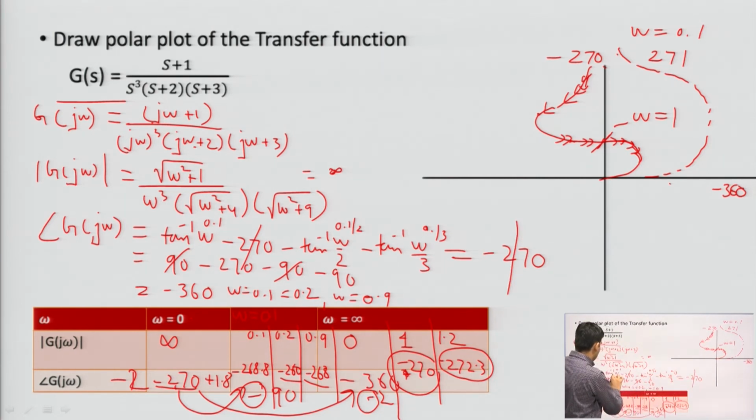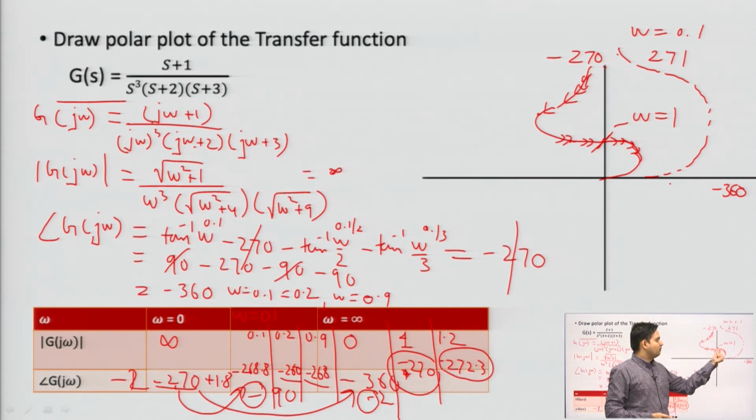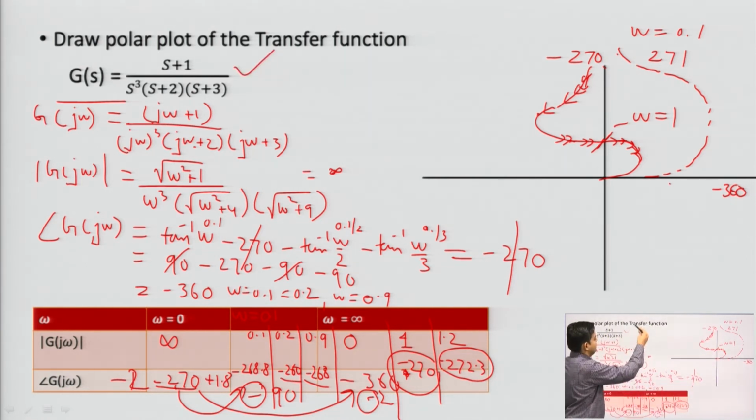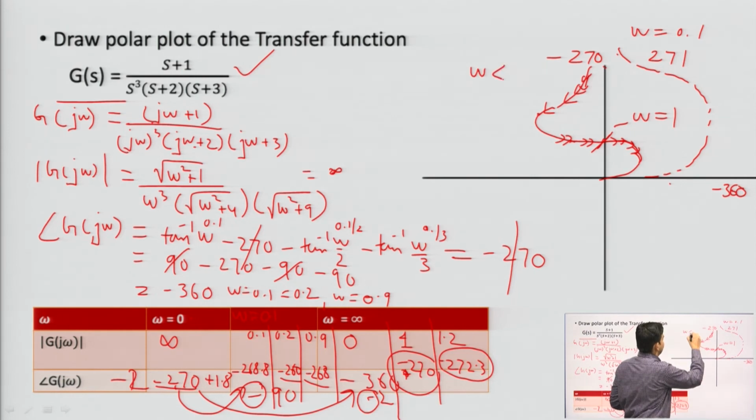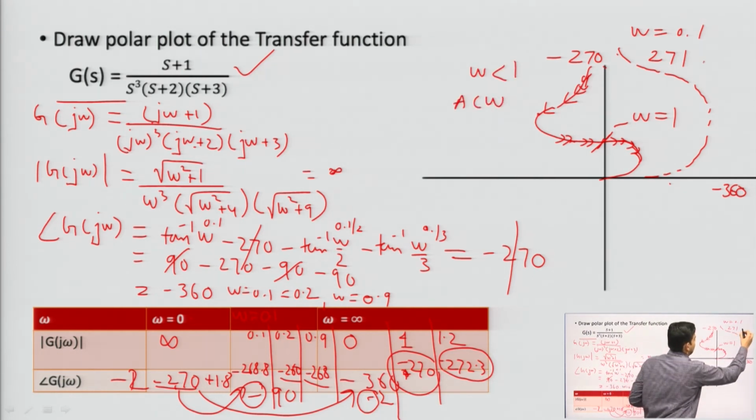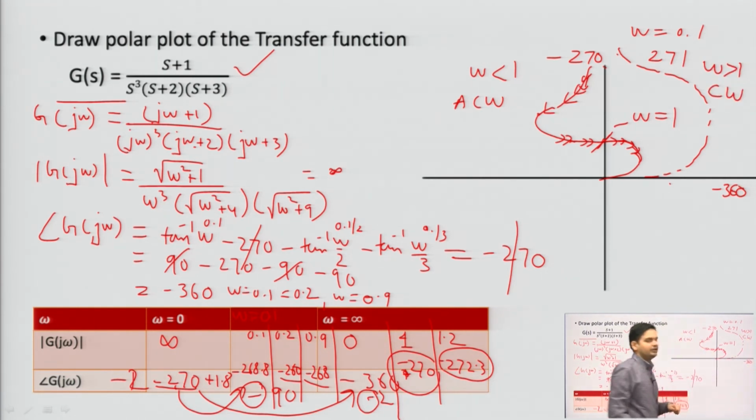You can write tan omega equal to tan inverse of omega by 2 plus tan inverse omega by 3. From this calculation you can estimate the value of omega, it will come out as omega equal to 1. So, this is the polar plot for higher order. So, please always look for the mid value of omega. In this case, whenever my omega is less than 1, I am moving in anti-clockwise direction. Whenever my omega is greater than 1, I am moving in clockwise direction. Okay. So, this is about the polar plot.